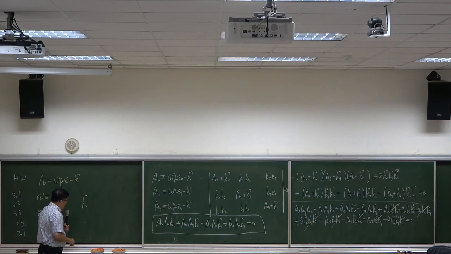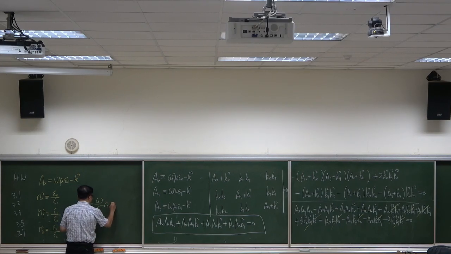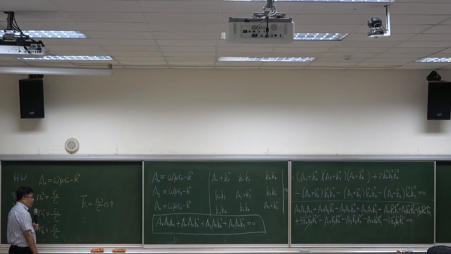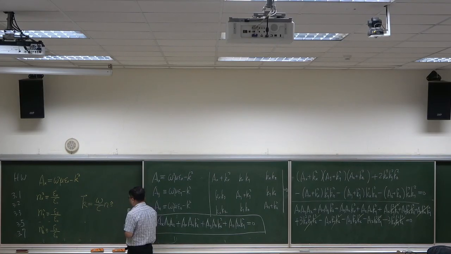We learned in chapter 1 that k vector is omega over c times n times the unit vector along the propagation direction. In isotropic medium, the refractive index n is a fixed quantity.